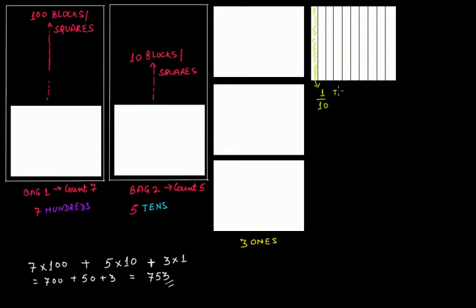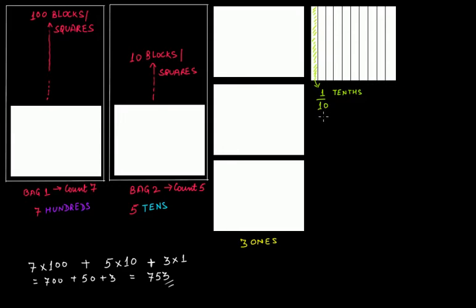Tenths means that you have divided a single unit, in this case a square representing a single unit, into 10 equal parts, and each part will be a tenth. Tenths means 1 over 10. Why 1 over 10? Because the fraction represented by this particular part out of 10 equal parts will be 1 over 10. That's a simple concept of fraction. We have learned all these things.